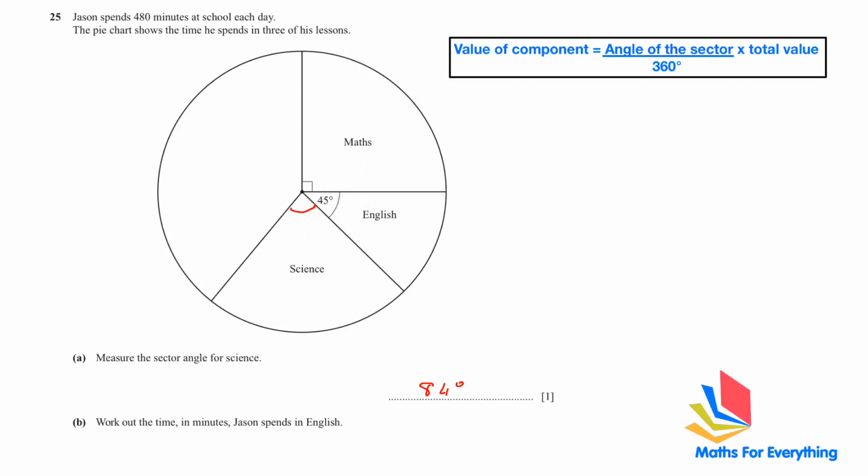So that will be equal to 45 divided by 360 multiplied by the total value. What is the total value? 480 minutes. And this will give us 60. So Jason spends 60 minutes in English.